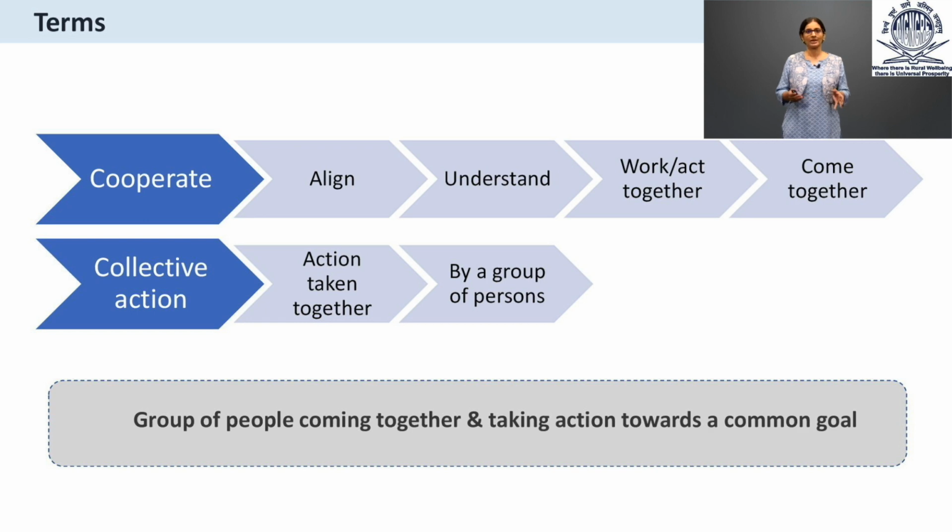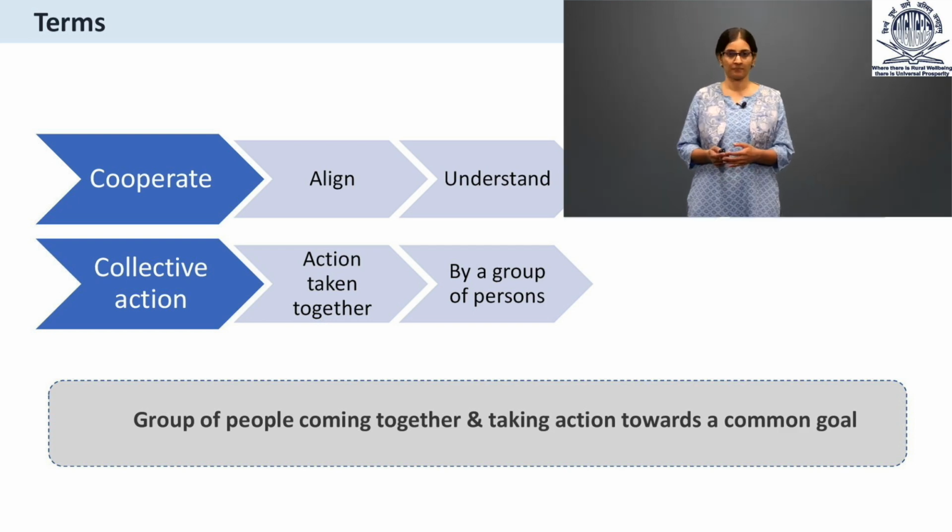Second is collective action. Cooperatives fall under what is known as collective action, which is action taken together by a group of people. So, we now have a group of people who are coming together, cooperating, and taking action towards a common goal or common end.